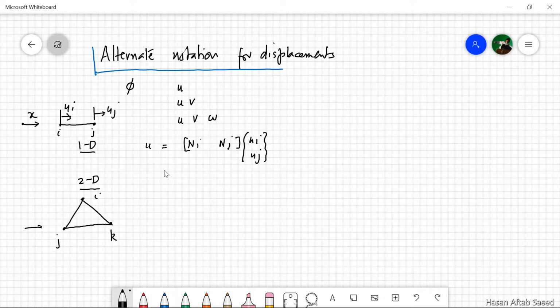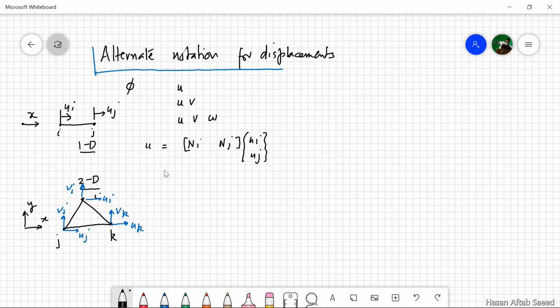For a 2D stress analysis problem, we have x and y coordinates. This means that our displacement components are ui, vi, uj, vj, and uk, vk. So there are 6 components.